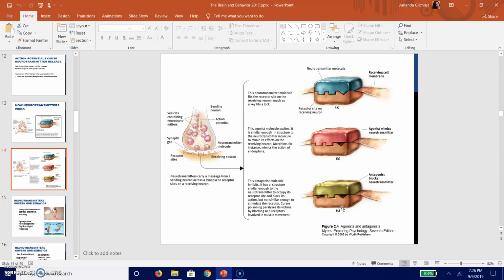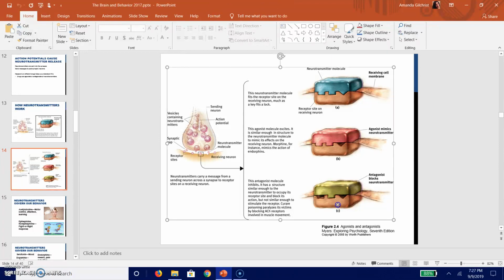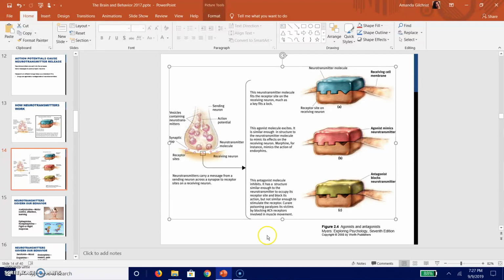Curare is a type of poison that can be used to act as a paralytic. It produces a flaccid paralysis. That means that the muscles can't contract, they just go limp. It does this by blocking receptors for a particular neurotransmitter called acetylcholine.